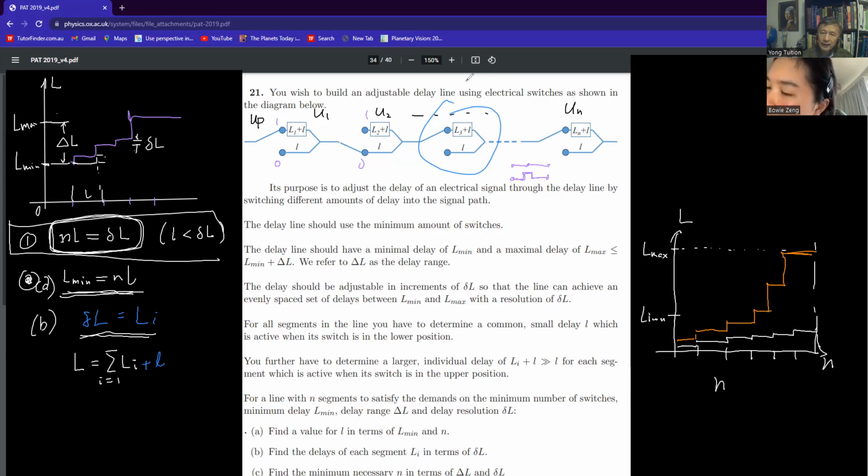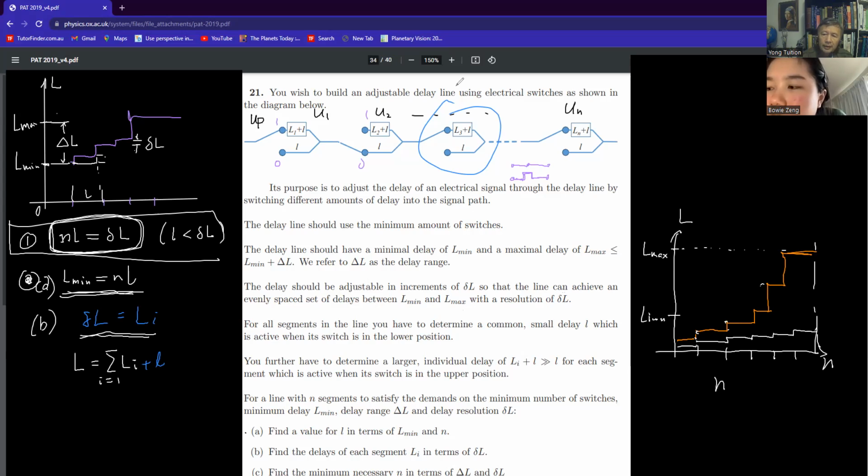The constraint is that the total difference should be less than this delta. This is called a resolution, isn't it? How can we connect this?